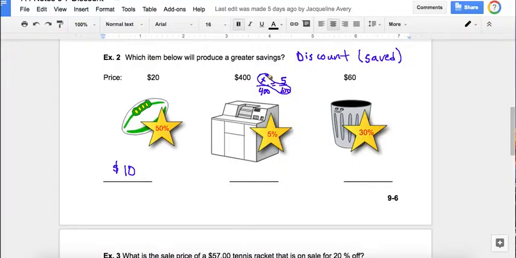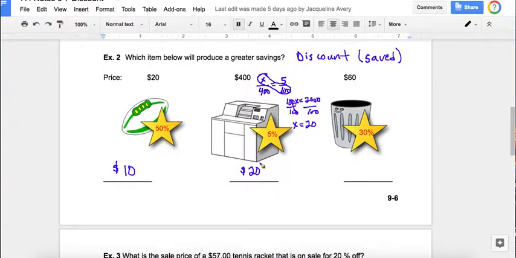So 100 times X is 100X, and 400 times 5 is 2,000. And when I divide both sides by 100, I get $20. So this one's going to save me $20.